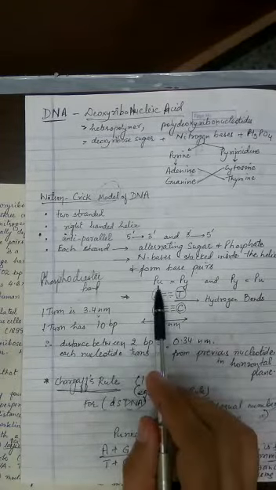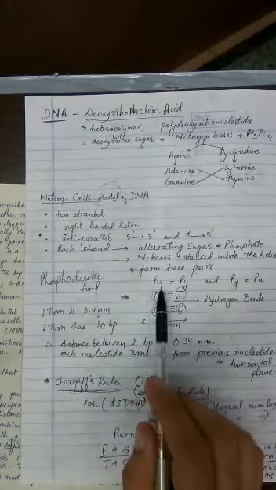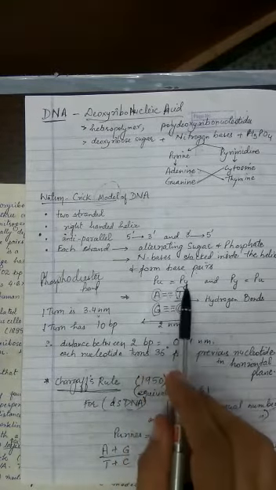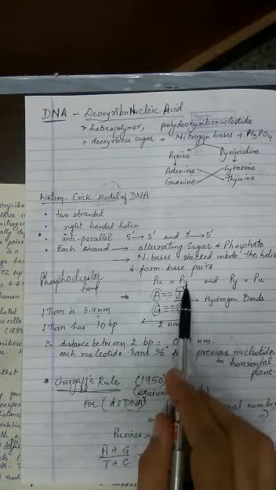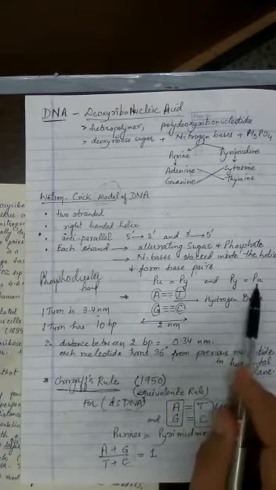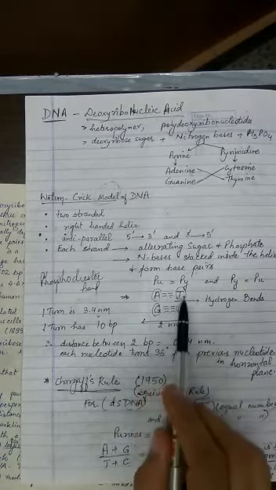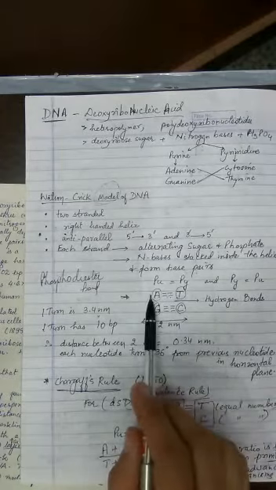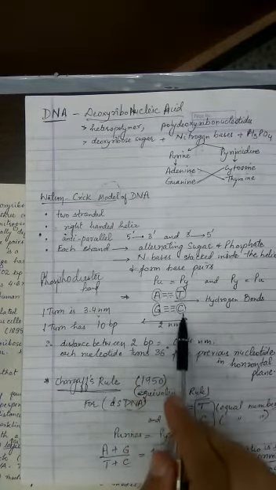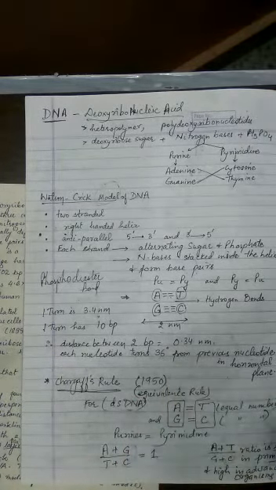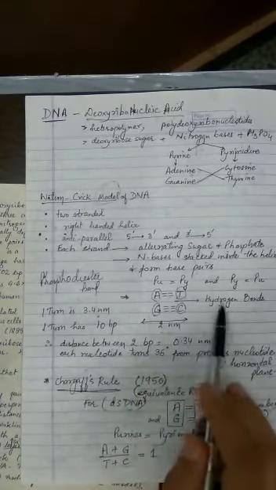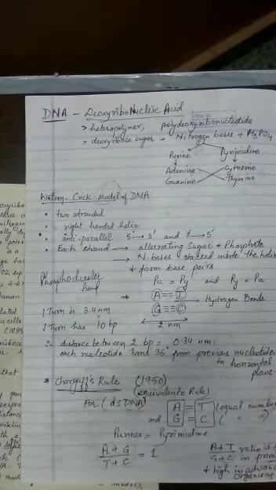So the number of purines will be equal to pyrimidines; when one strand has a purine, the other strand will have a pyrimidine opposite to it, or vice versa. A will always face T, and G will always face C, and the number of hydrogen bonds is fixed.